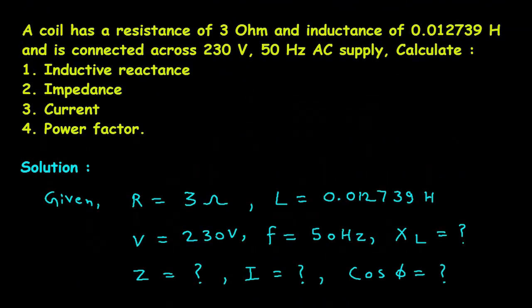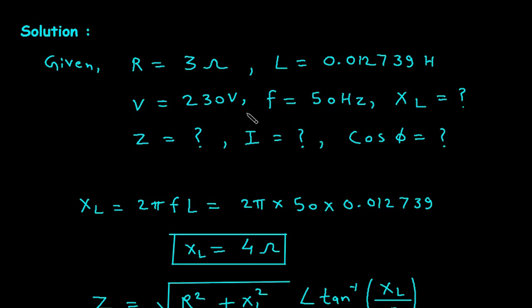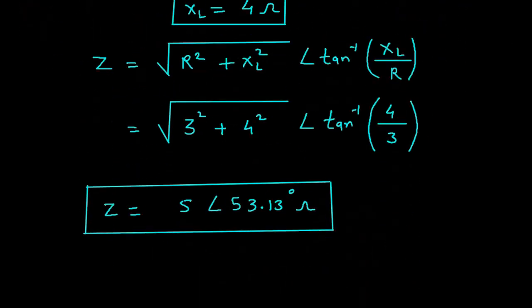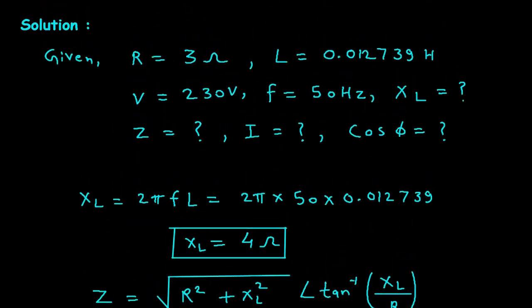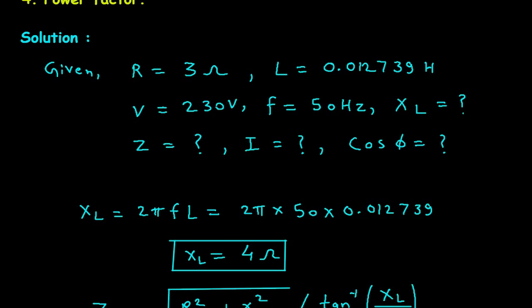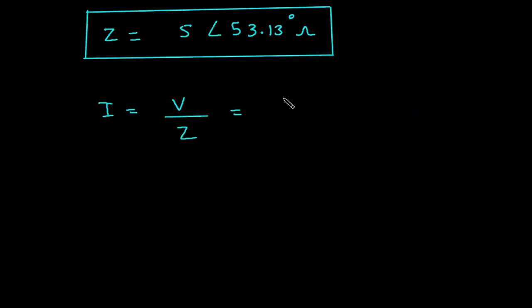Now next, after XL and impedance Z, we have to find current I. Current I is equal to V by Z. The value of voltage is 230 volt divided by the magnitude of this Z, which will be only 5.